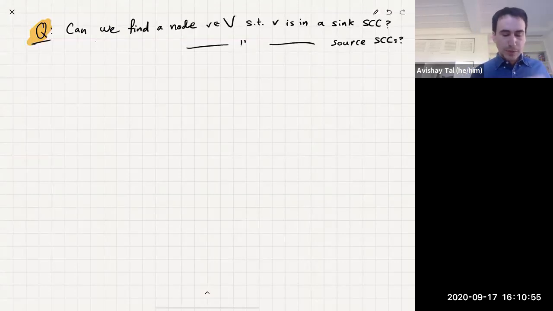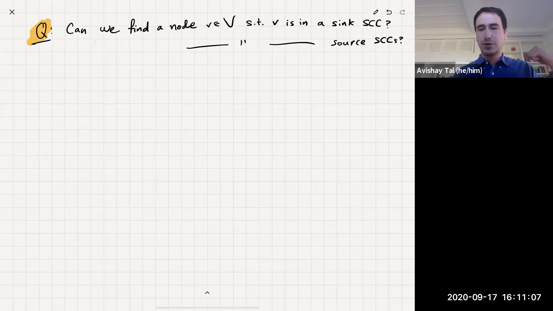Recall what we know about post numbers. We said that if the graph was a DAG, then the vertex with the biggest post number would be the first in topological order when we linearize the graph. So it will in fact be a source. And it turns out that this works also in graphs that are not DAGs.